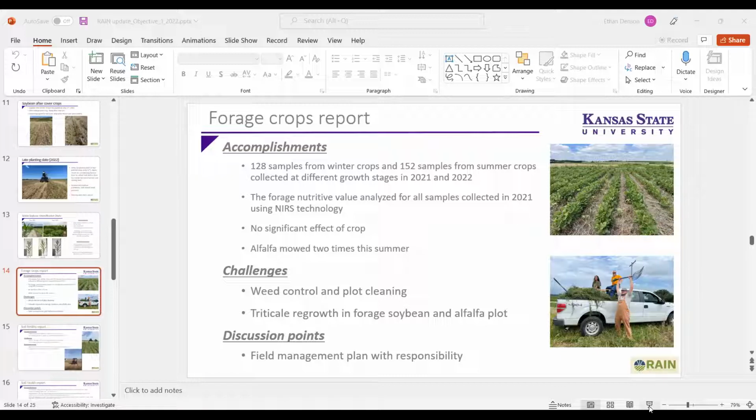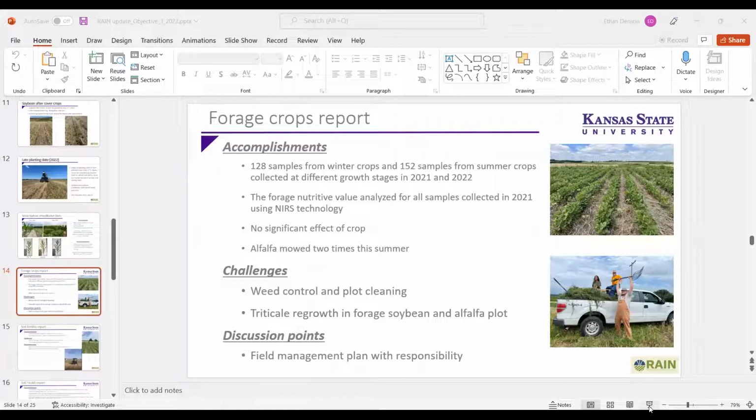We give it to dairy cattle. Another is the triticale regrowth in the alfalfa and forage soybean plots. I'm taking samples separately and analyzing them separately and in combination for forage quality.